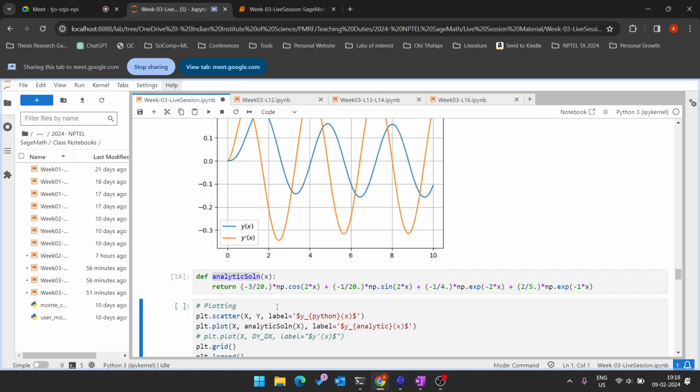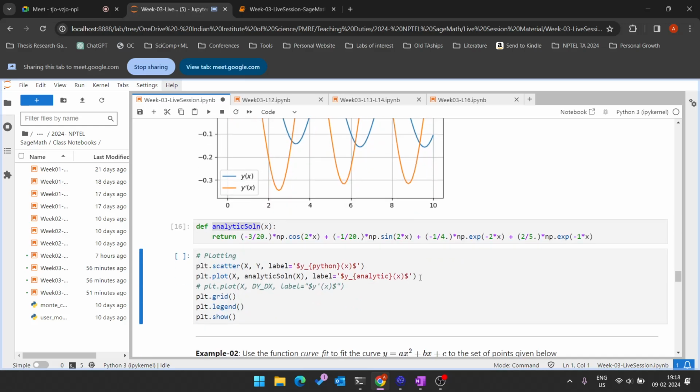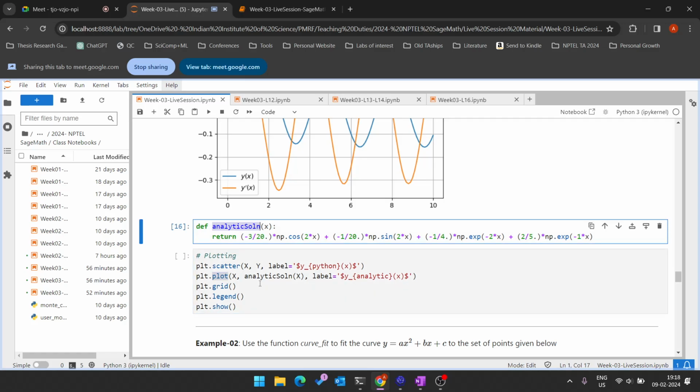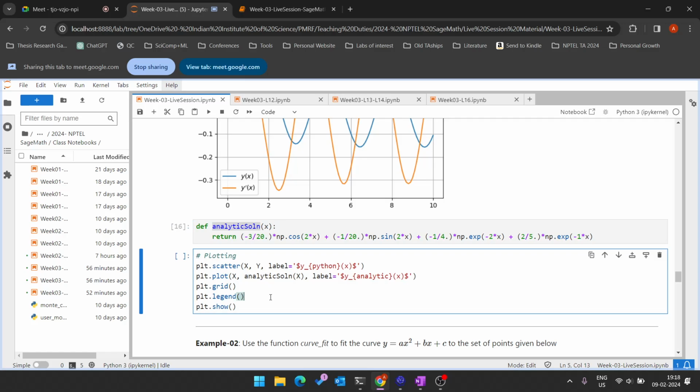And now what I do is I do a scatter plot for the solution that we have obtained using Python and do a line plot for the solution that we have obtained using our analytical methods, so analytical solution of x.